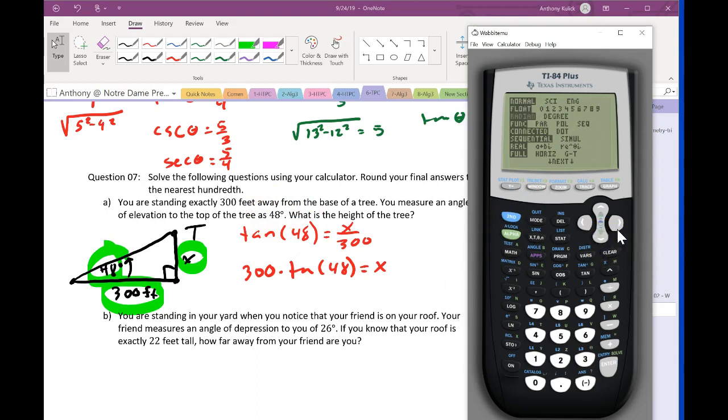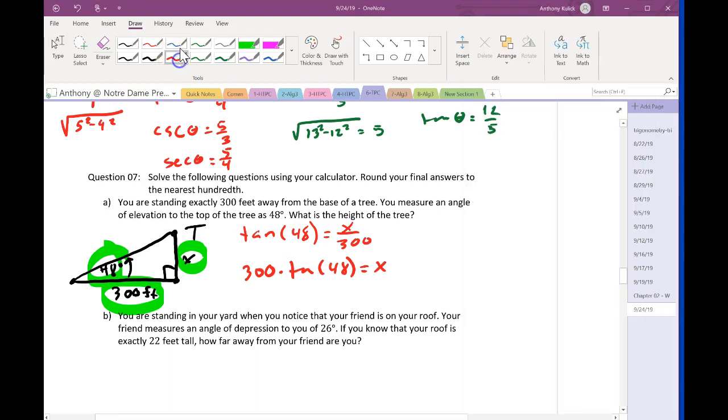So I need to make sure I change this from radians to degrees before I start. Gotta remember to do that every single time for every single problem, or else you're gonna have problems. So 300 times tan 48 is 333.18 feet.